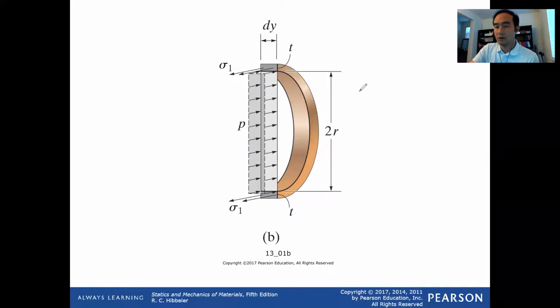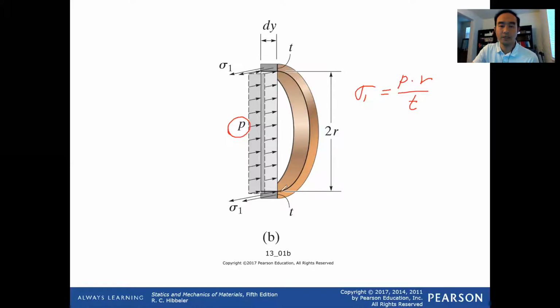So sigma 1, we can calculate as the pressure inside of the cylinder times the inner radius R divided by the thickness T. So this P is the pressure, and then the thickness of your vessel is going to be in the denominator. So that's how we can calculate sigma 1.